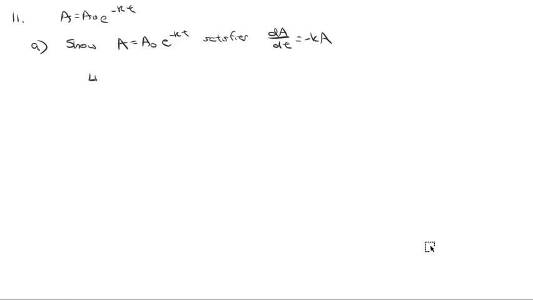So the left-hand side is the derivative of A with respect to t, which means we're differentiating A0 e to the negative kt with respect to t. A0 is a constant.